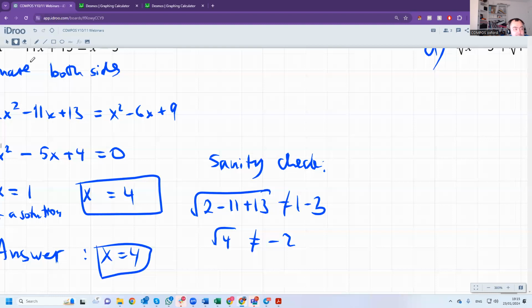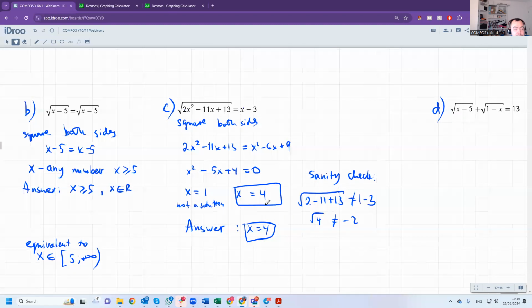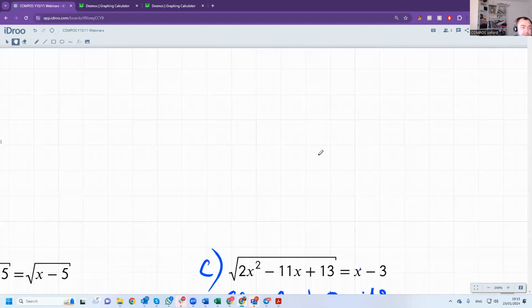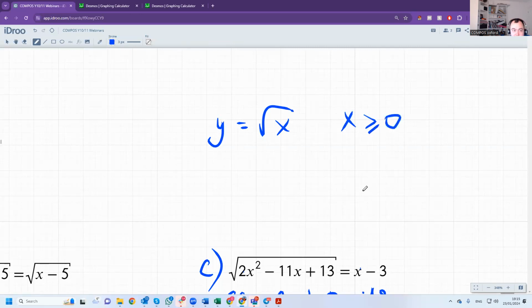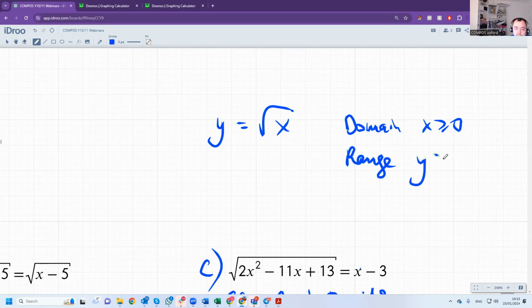The way we define the square root, y equals square root of x is a function, and in the domain of the function, x has to be greater or equal to 0. The domain is x greater or equal to 0, and the range is y greater or equal to 0.